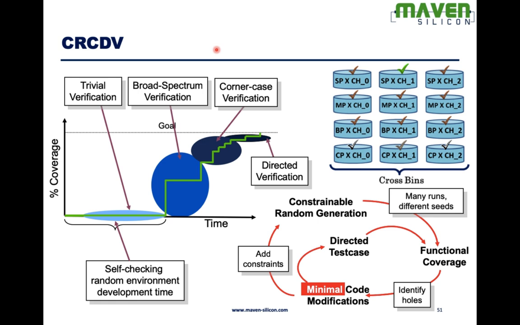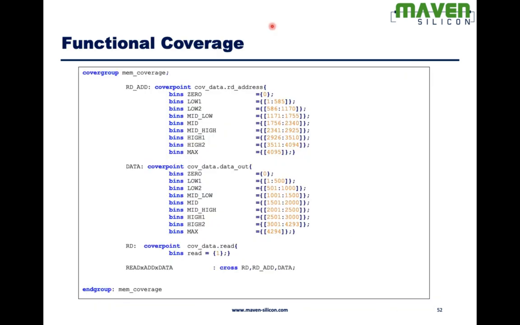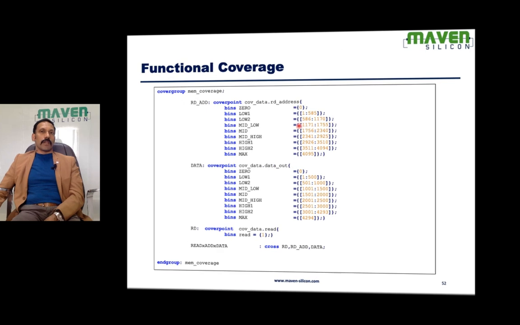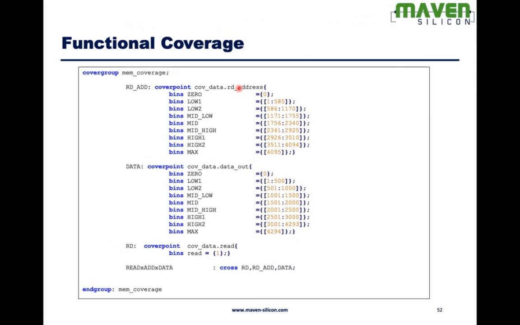Now, the important thing is, in SystemVerilog, we have to define the coverage model. Without coverage model, you won't be able to generate coverage value. So in coverage model, what you do is you try to generate coverage value for each variable. You have variables like address, read address, or output data. Then for the address, how many bins you want to create. If the address is huge, billions of possible values, then you don't want to cover each and every value because that will kill your simulation time.